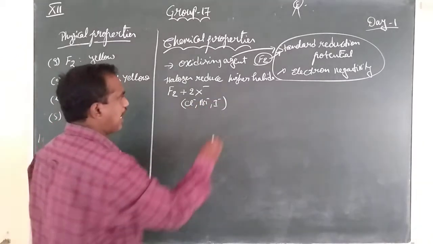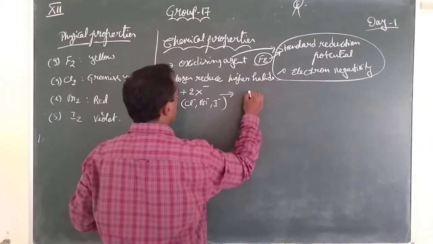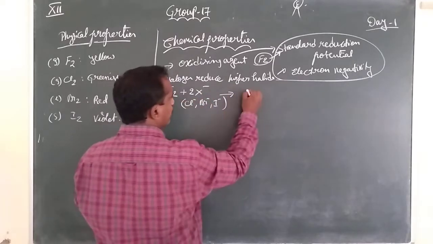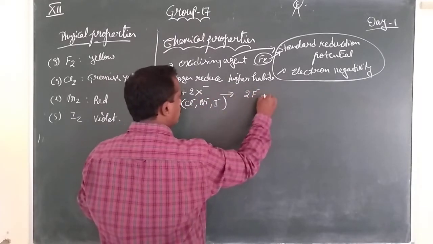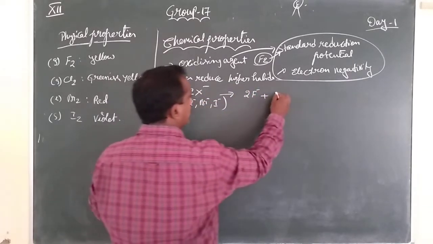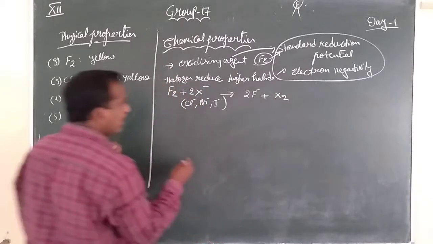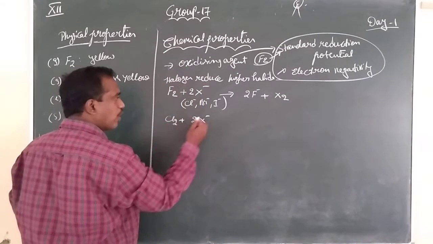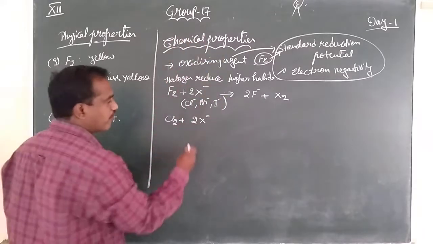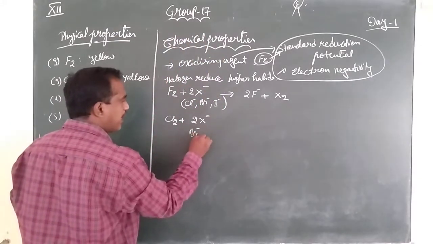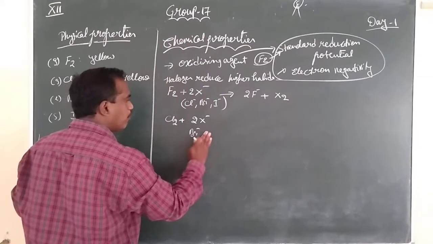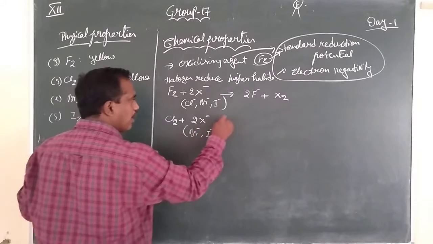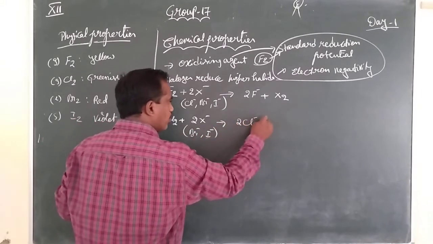It is going to accept the electrons, and it is converted into the particular halide. What about chlorine? Chlorine can oxidize the next higher halides. What are they? Bromide or iodide. And it is getting reduced.